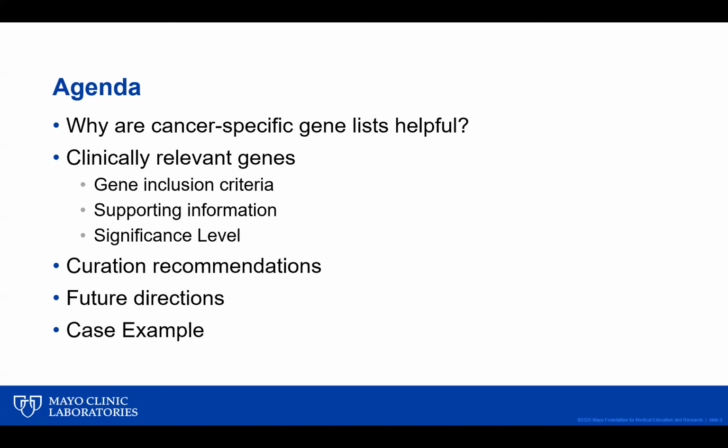We also have curation recommendations, some future directions for maintaining these gene lists and for incorporating community feedback. And then I'll run through one case example of a complex case that really benefited from the use of a gene list.